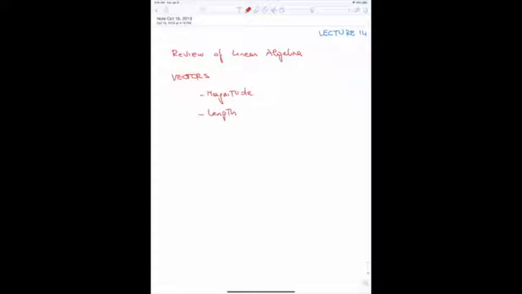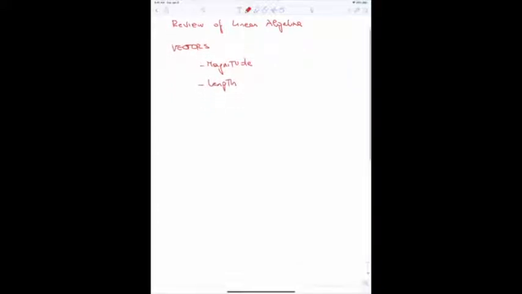A Euclidean vector is frequently represented by a line segment with a direction, or graphically as an arrow, which connects an initial point A to a terminal point B, and generally we indicate this as V. Sometimes to indicate that this is a vector, we're going to underline it.